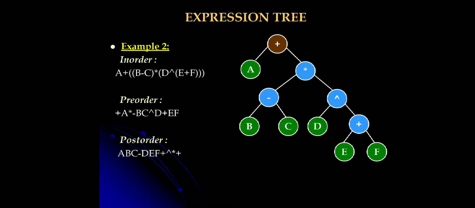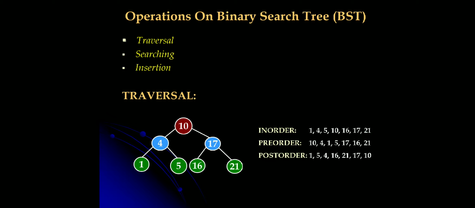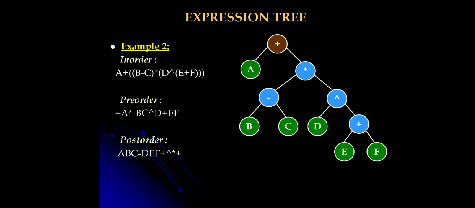Go to the right subtree, the root is star, don't visit it yet, go to its left subtree, traverse the left subtree in order, it is B minus C. After traversing the left subtree, go to the root, it is star, visited, then go to its right subtree.